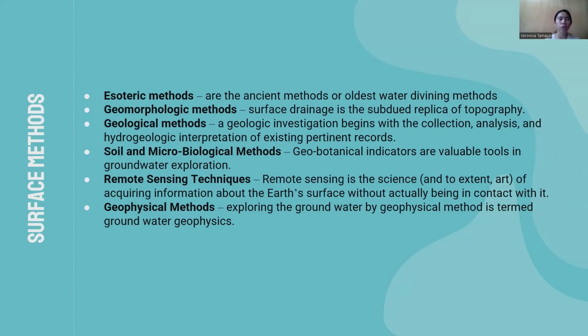In much of remote sensing, the process involves an interaction between incident radiation and the targets of interest. Remote sensing shows an increasing role in the field of hydrology and water resources development.